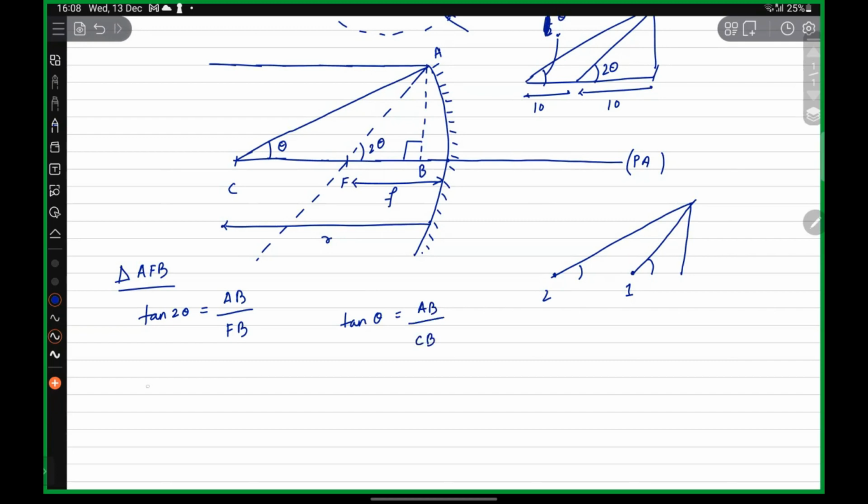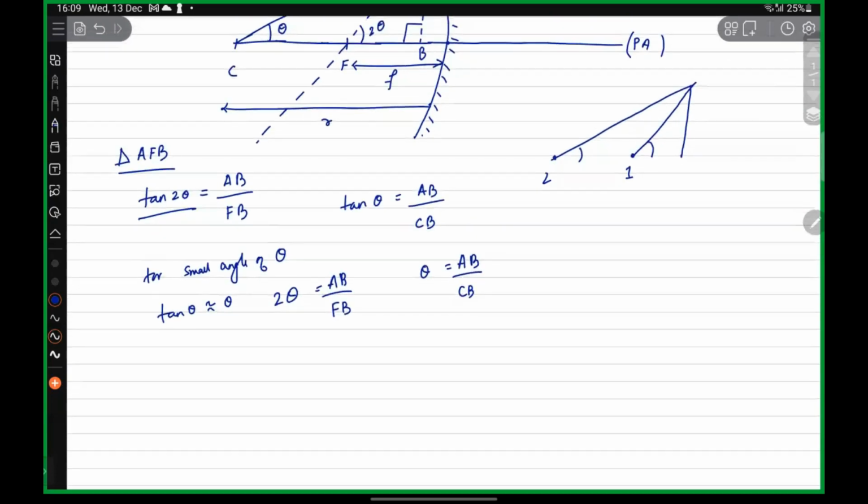So now for small angle theta, tan theta is equal to theta only. So here theta and 2 theta are small angles. So tan 2 theta can be written as just 2 theta equal to AB by FB. And theta can just be written as AB by CB.